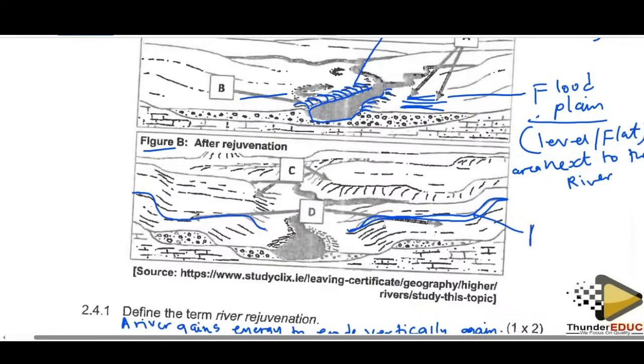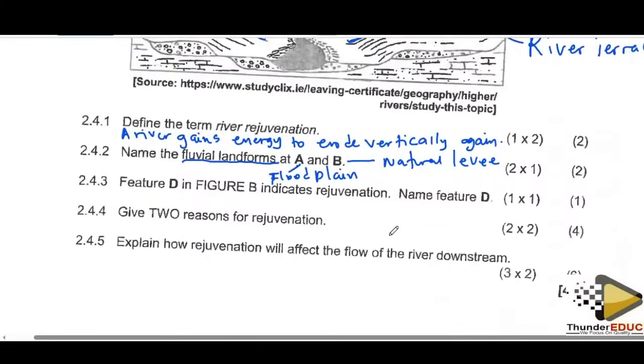And we refer to this as a river terrace, which develops during river rejuvenation. So I could say that feature D is a river terrace. What is a river terrace? It is a step-like feature.